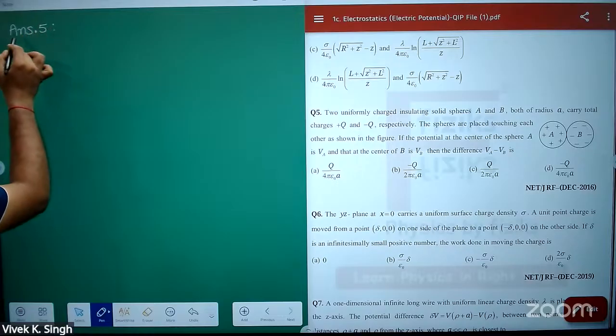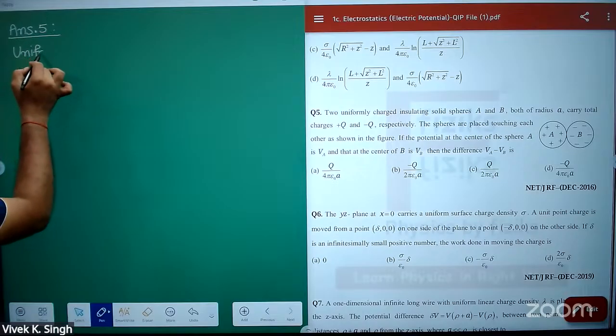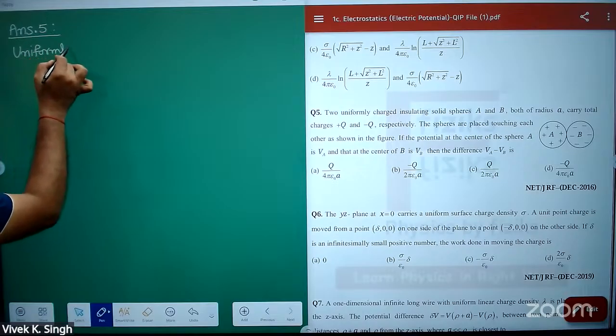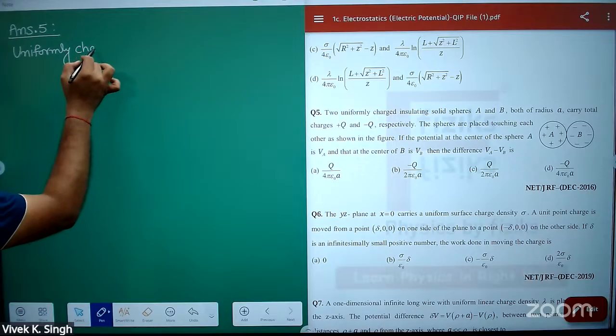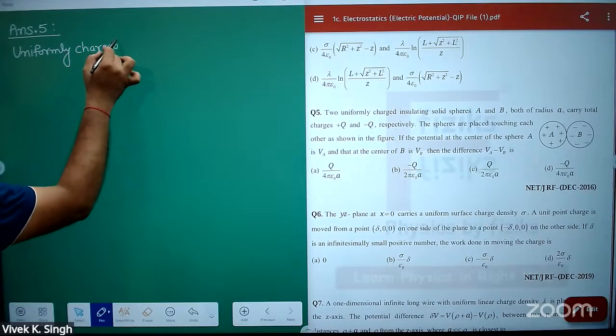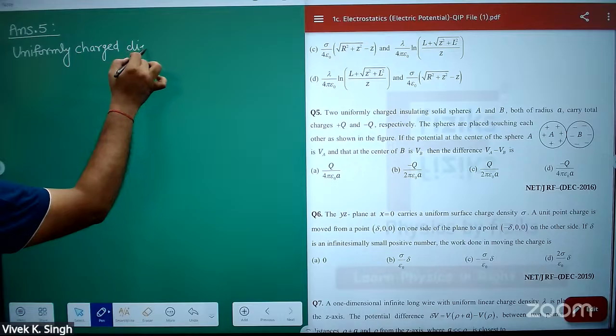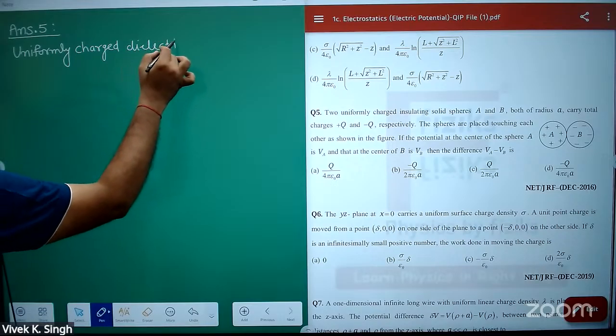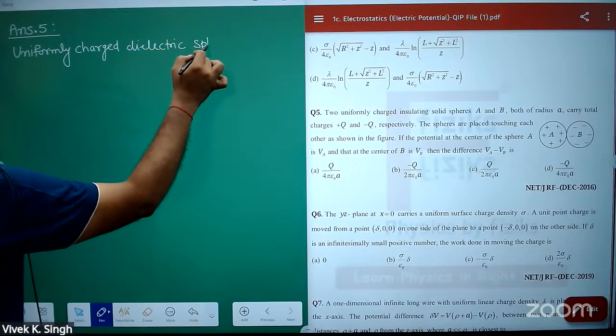Answer 5. Uniformly charged dielectric sphere.